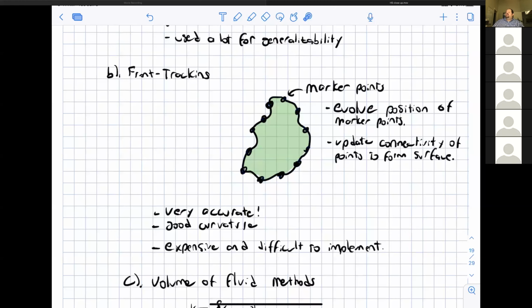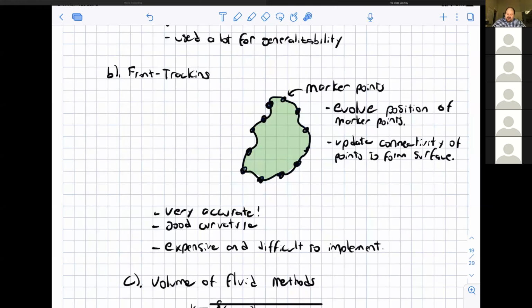And then instead of evolving a function for the interface as you would with a level set method, you evolve the position of all of these points, and that's how front tracking works.